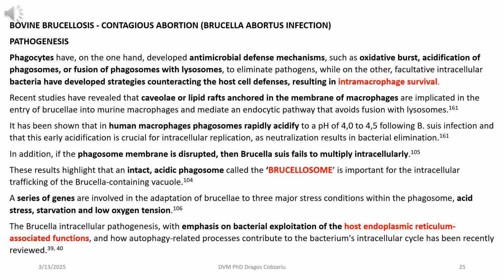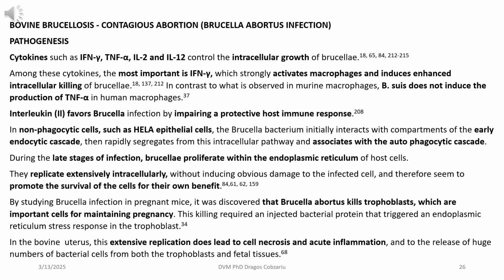The Brucella intracellular pathogenesis, with emphasis on bacterial exploitation of the host endoplasmic reticulum-associated functions, and how autophagy-related processes contribute to the bacterium's intracellular cycle, has been recently reviewed. Cytokines such as IFN-gamma, TNF-alpha, IL-2 and IL-12 control the intracellular growth of Brucella.